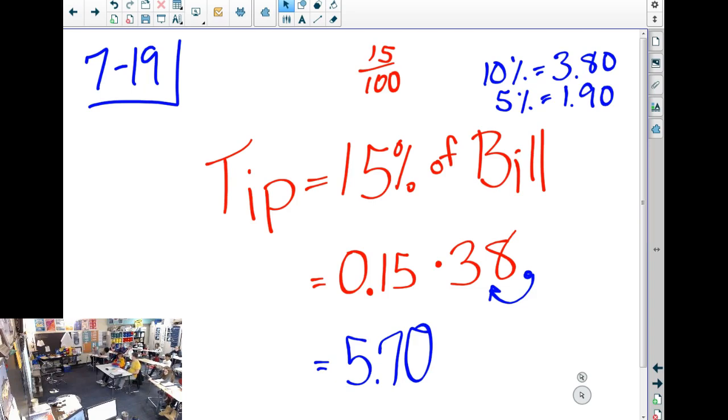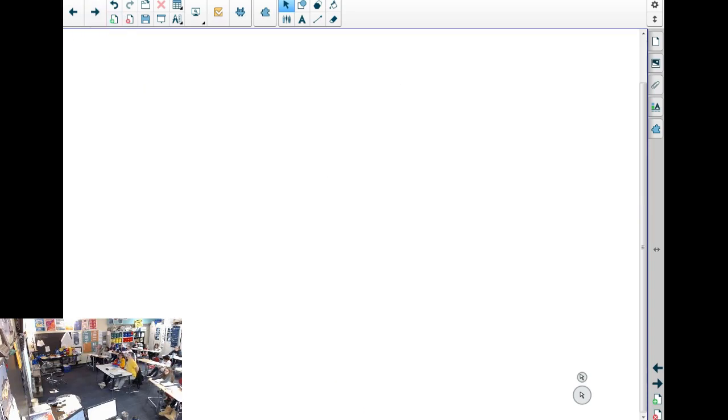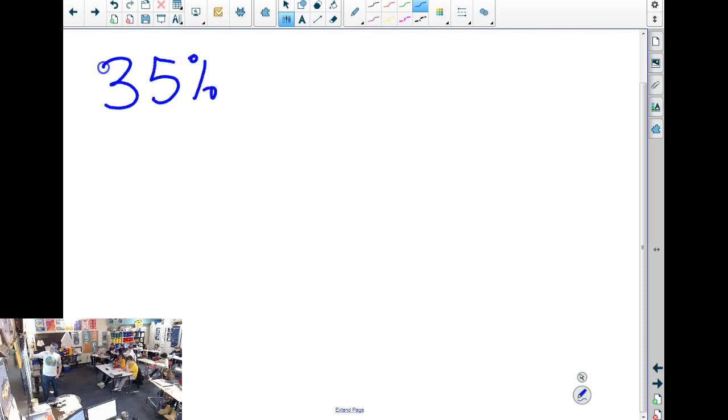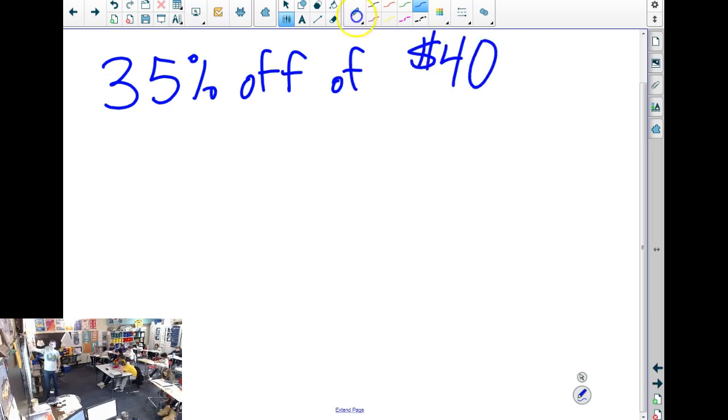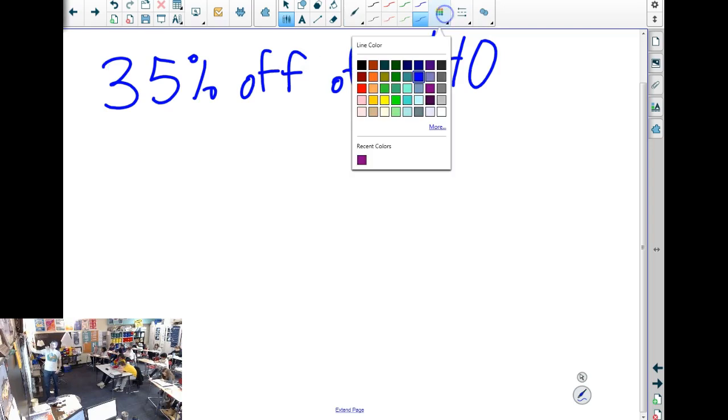So Isaiah found a game that was 35% off. We're going to do this real quick. Go ahead and on your paper, just write 35% off. And the game actually costs $40.